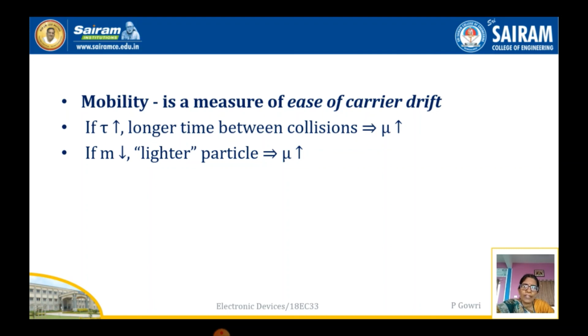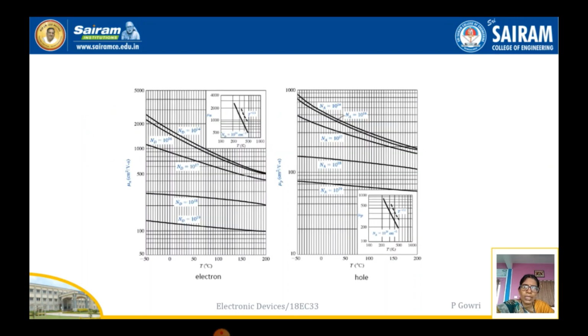Also, if the effective mass m decreases, that is, if the particle is very light, then the mobility increases. So mobility is mainly decided by tau and m, where tau, the time interval between collisions, is directly proportional and the mass is inversely proportional. Holes will have lesser mobility when compared to the electrons.